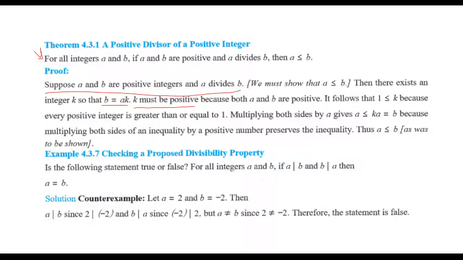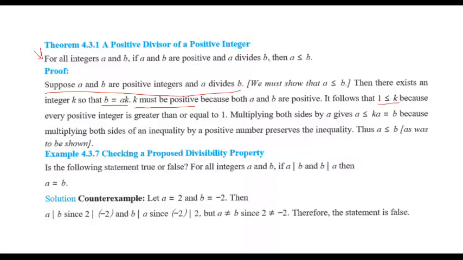Now, since k is positive and k is an integer, k should be greater than or equal to 1, right? Because the smallest positive integer is 1. So k cannot be less than 1. So k is either 1 or greater than 1. So k is greater than or equal to 1.